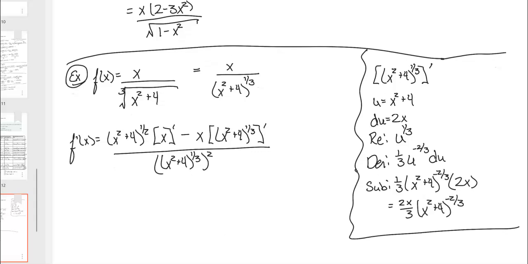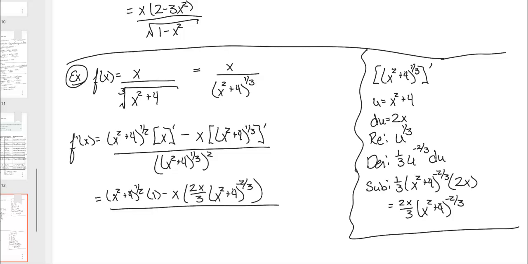So now that we know this derivative, let's finish this problem. x squared plus 4 to the 1/3, the derivative of x is 1, minus x times this derivative, which we just found, 2x over 3, x squared plus 4 to the negative 2/3, all over that denominator squared.